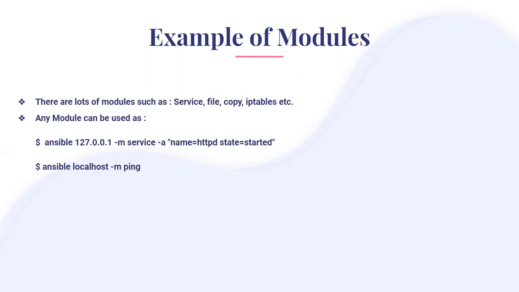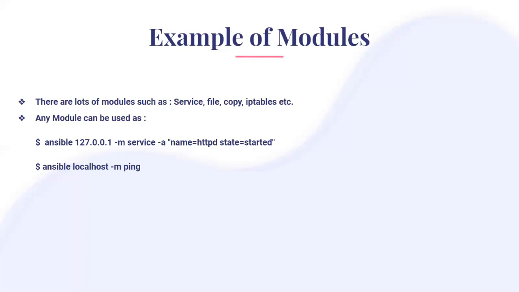For example, the command is ansible, which is the standard syntax of the ad hoc command, and then you can mention the host name or maybe the IP address, then -m for module. So we are calling the service module from that index, and this is the command which we are running.